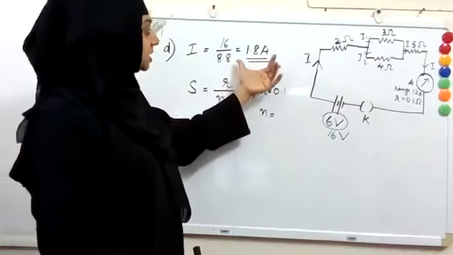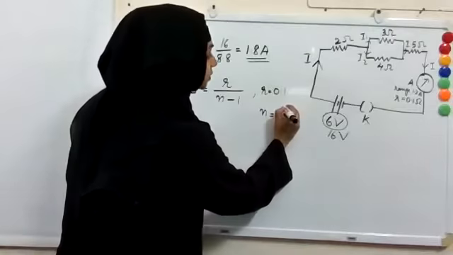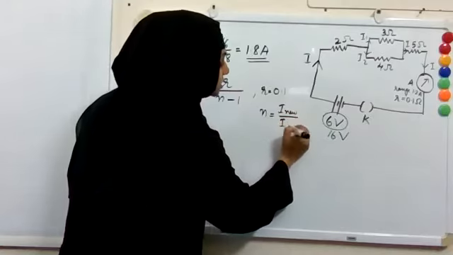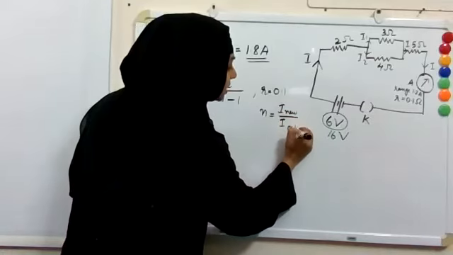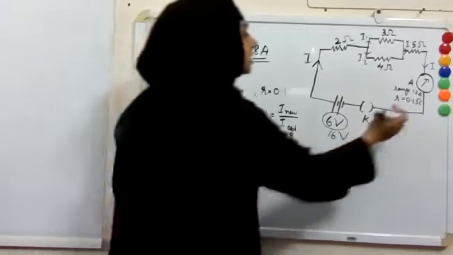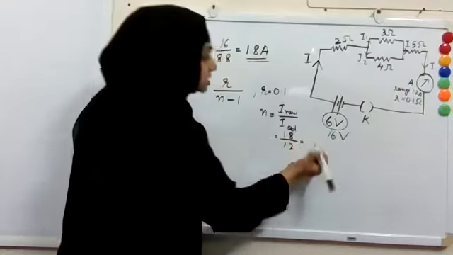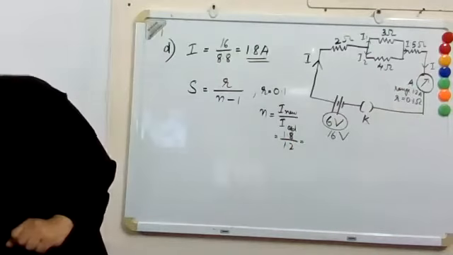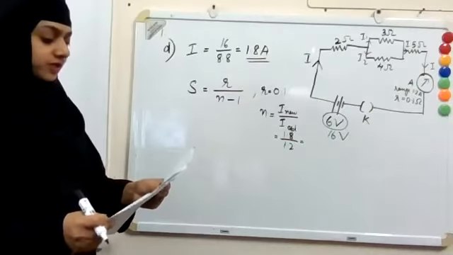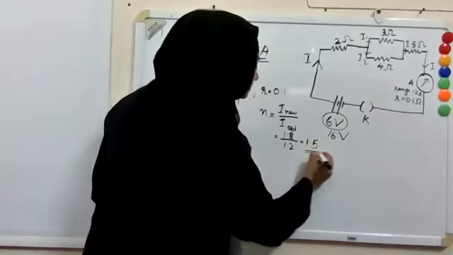But for calculation, let me put here the new range divided by old range. That is the formula, right? So this is equal to 1.8 divided by the old range was 1.2. So you will get 1.5.